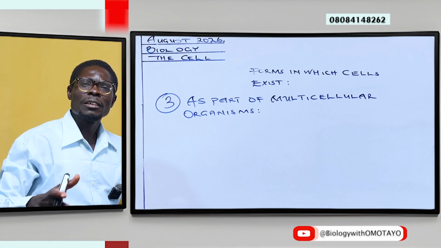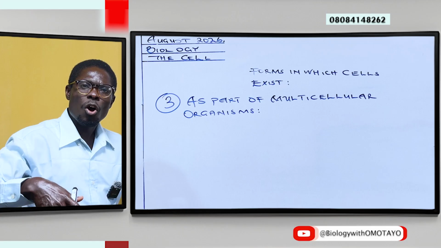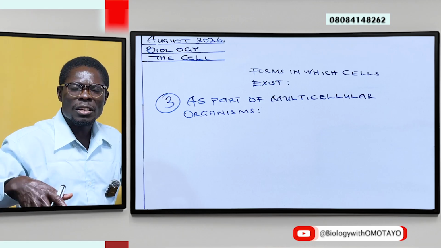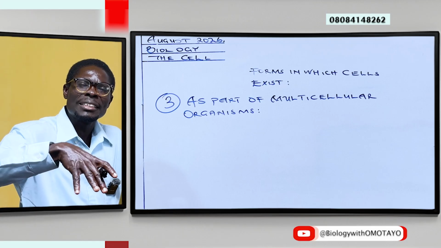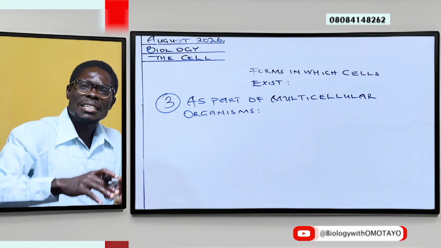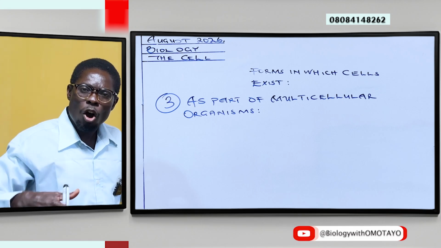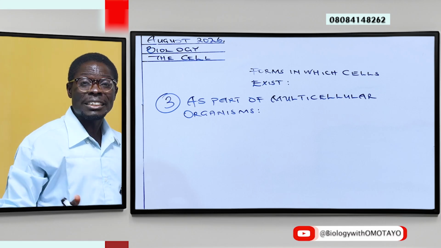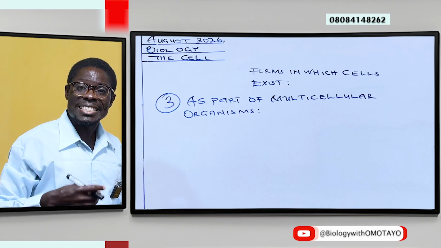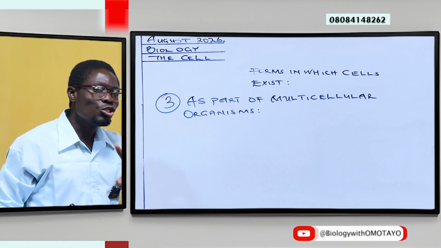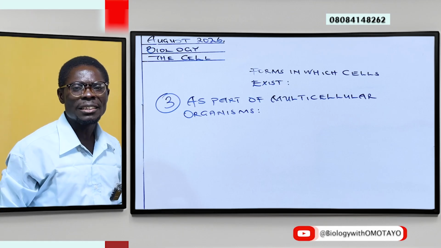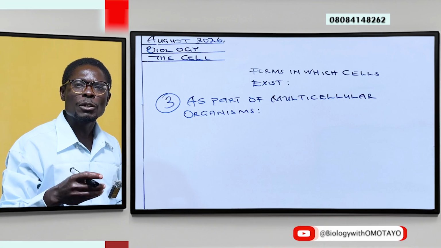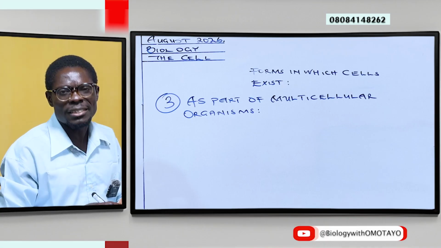When a cell is a part of other cells together forming components of a larger organism or a multicellular organism, such a cell functions not independently. Rather, the activities become interdependent.